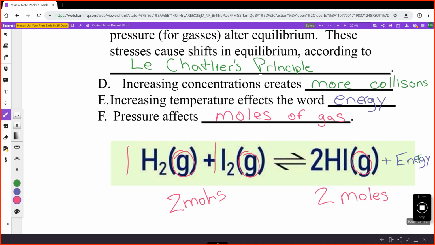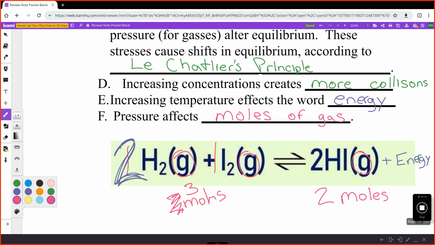So actually, pressure would have no effect on this equilibrium. But let's just change it for the sake of this example. And you're going to have to ignore my violation of the law of conservation of mass. But let's just say instead of 1 mole of H2, we were actually starting with 2 moles of H2. Now this would change the starting moles to 3.